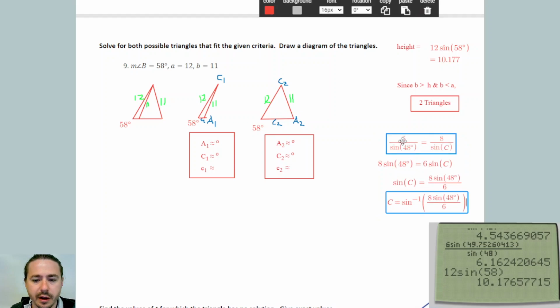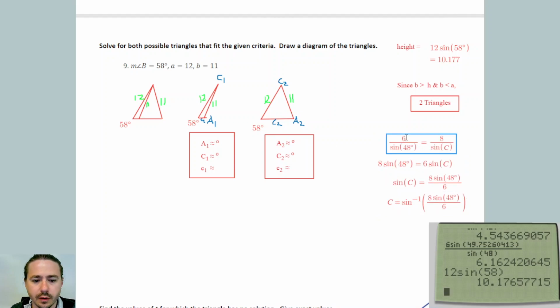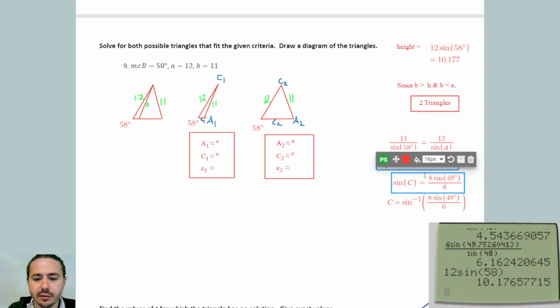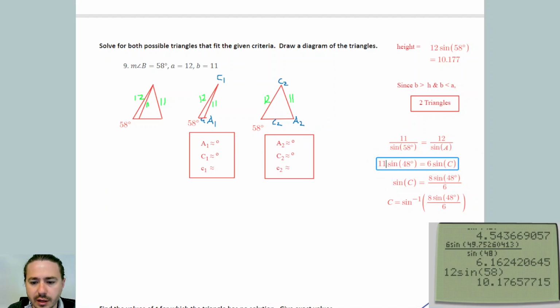Okay, so we'll use the pair that we know, which is going to be 11 over sine 58 equals 12 over sine of A. So 12 times the sine of 58 equals 11 times the sine of A. So sine of A is going to be 12 times the sine of 58 over 11.